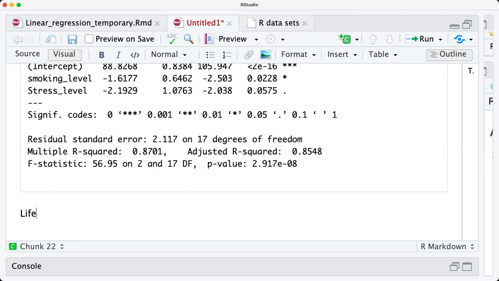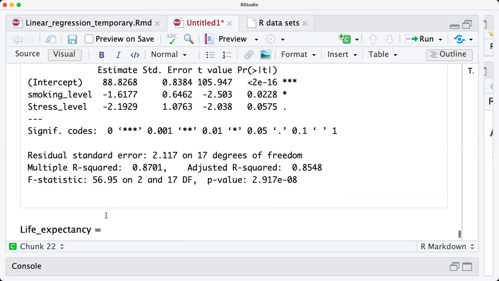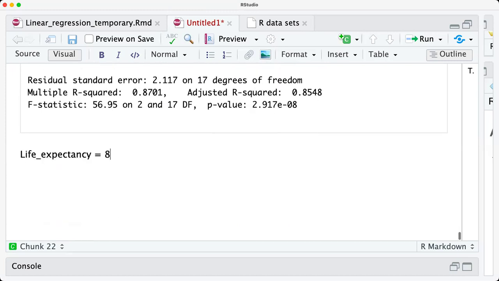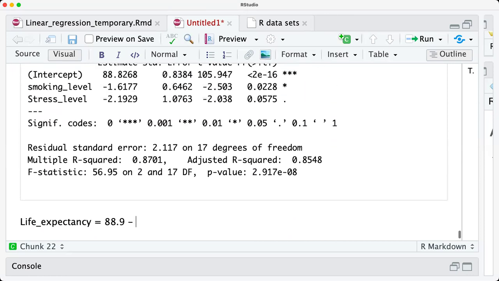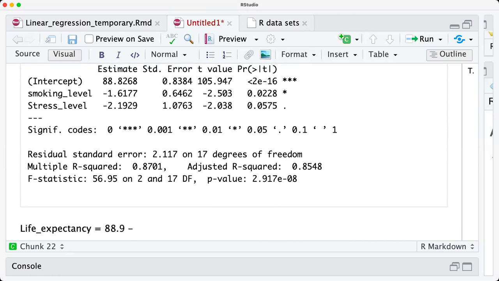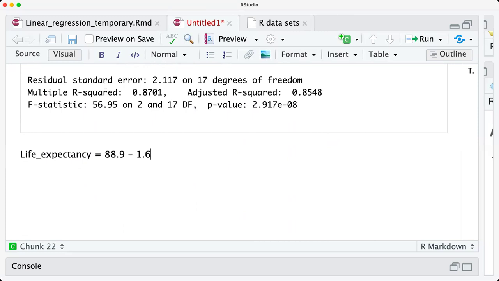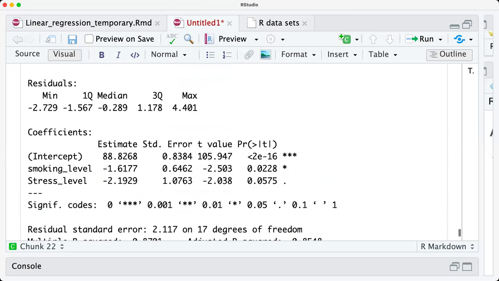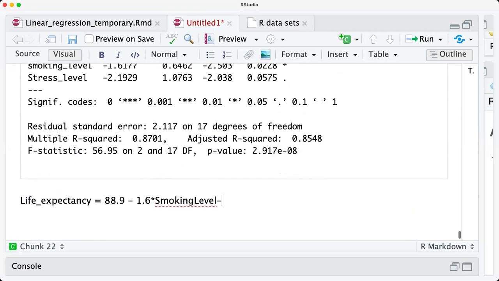So we have life expectancy is equal to the intercept, which is 88.9, minus 1.6 times the smoking level, minus 2.2 times the stress level.